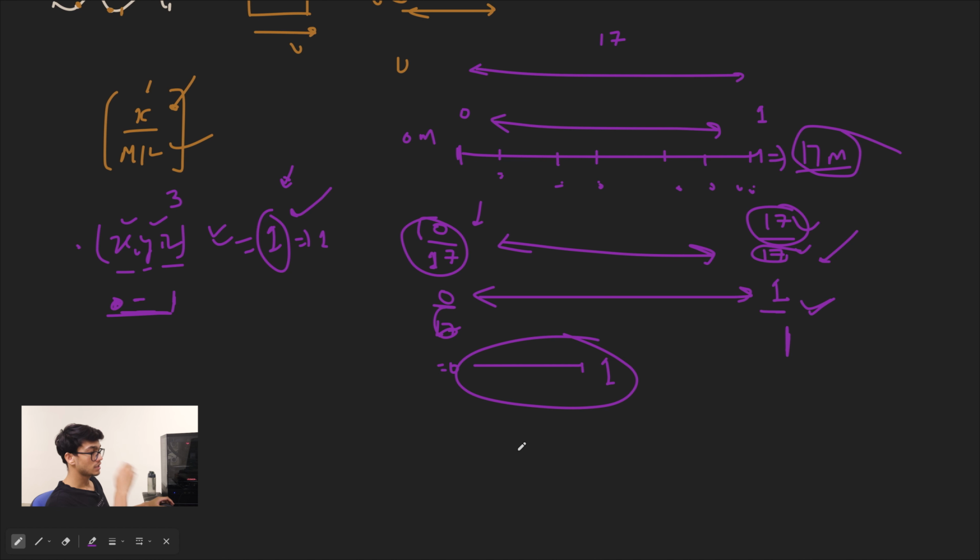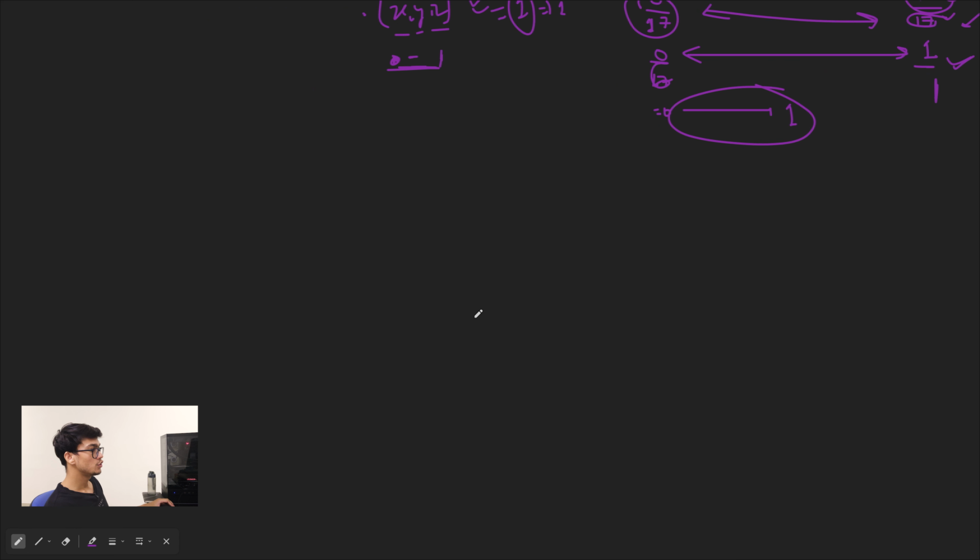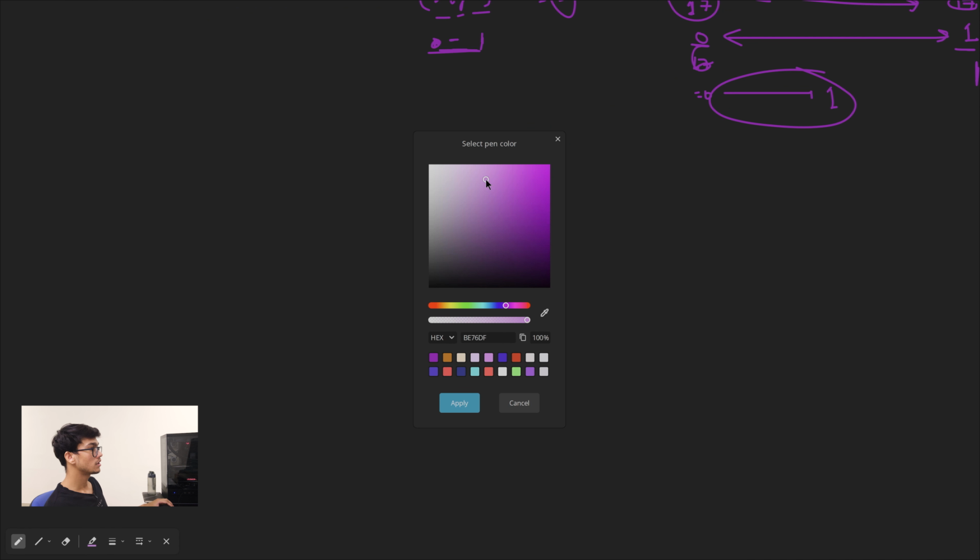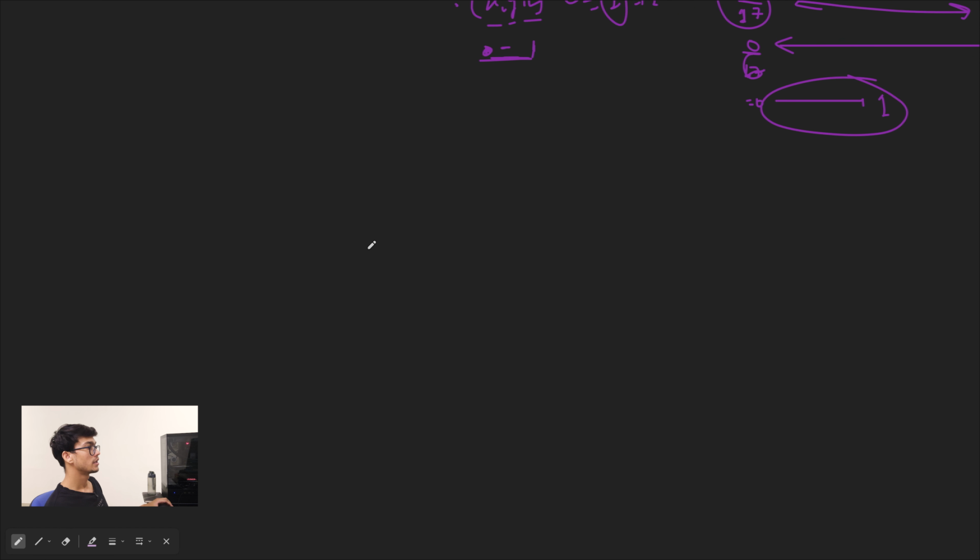So for example, I will just use a bit of a bright color this time. Okay, for example, you have this range which is 0 to 1, and when you fit something, you say input.